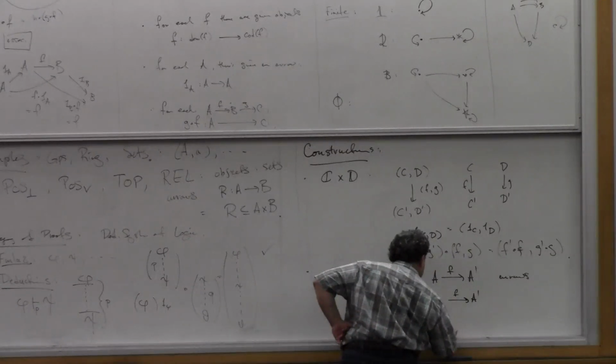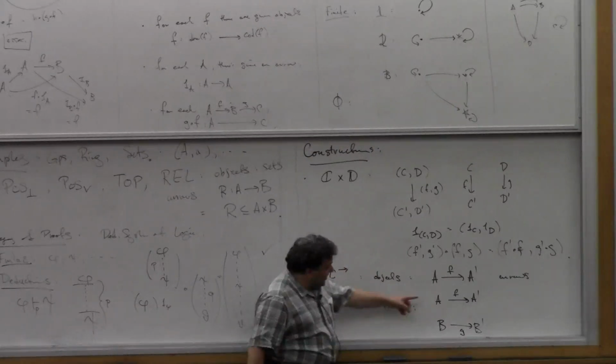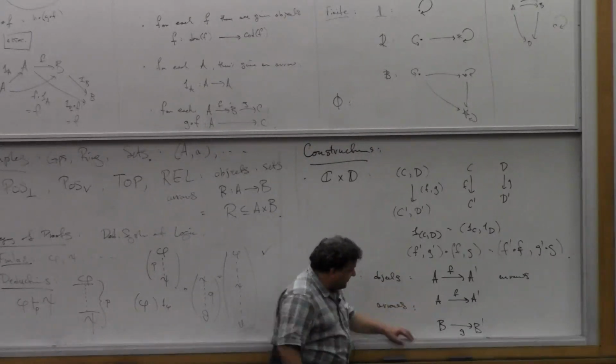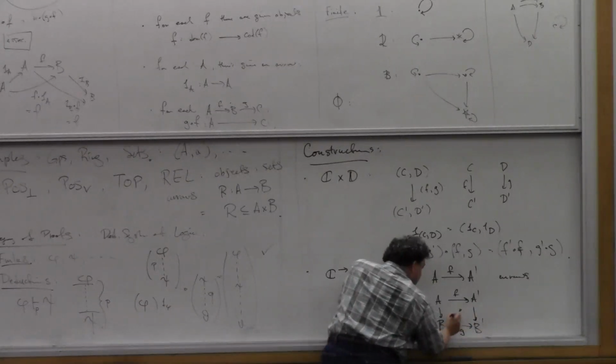Here's another one, B, G, B prime. Those are two objects, and an arrow between these two objects is going to be a pair of arrows like this, making a commutative square.